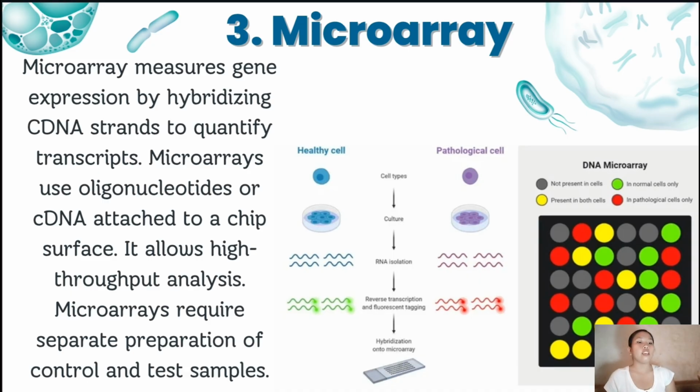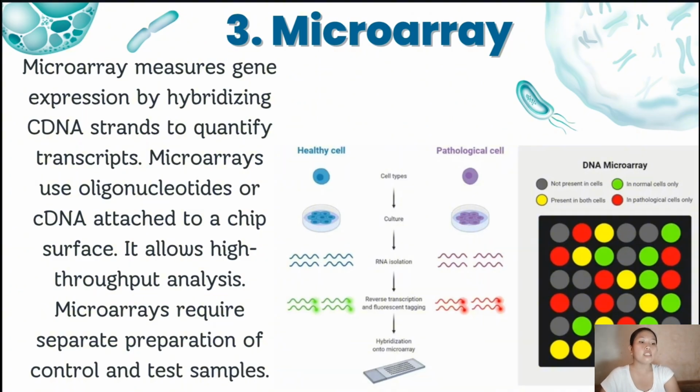As you can see here on the slide of our presentation, we can see what they call the expression profile, or the result of this kind of method. So, it is the DNA microarray. Makikita natin that this gray one represents that it is not present in both cells. Yellow represents that it is present in both cells.